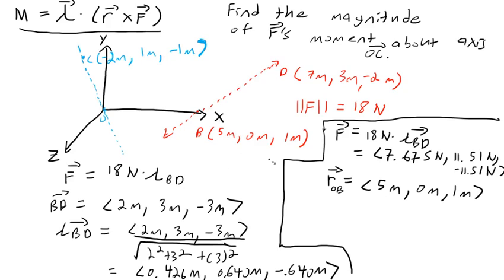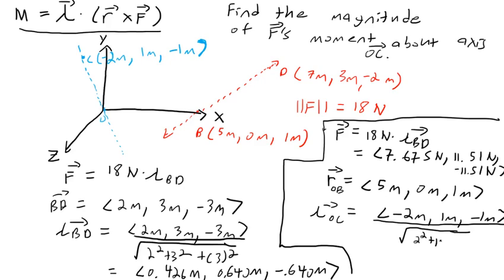Okay, so then I can say lambda OC, from O to C, is going to be negative 2 meters, comma 1 meter, comma negative 1 meter, over the square root of 2 squared plus 1 squared plus 1 squared, or the square root of 6.